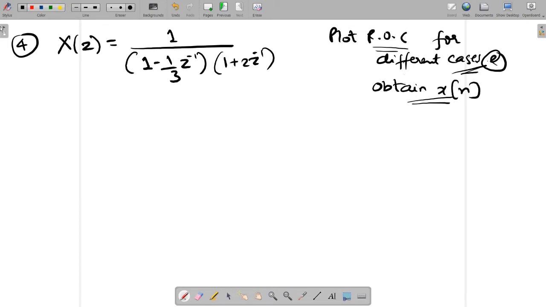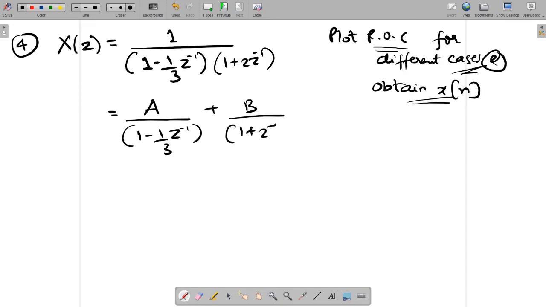Alright. So first things first, x of z is given to me in this format. I cannot deal with it further. I need to have partial fractions. A upon 1 minus 1 by 3 z inverse plus b upon 1 plus 2 z inverse. I will equate this to this.